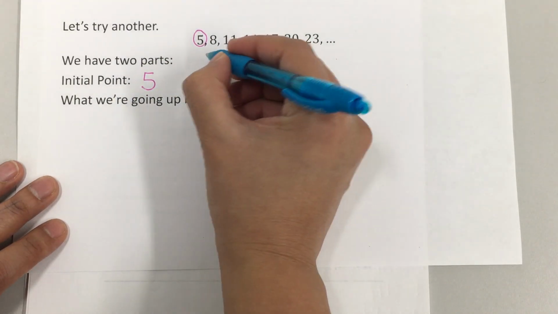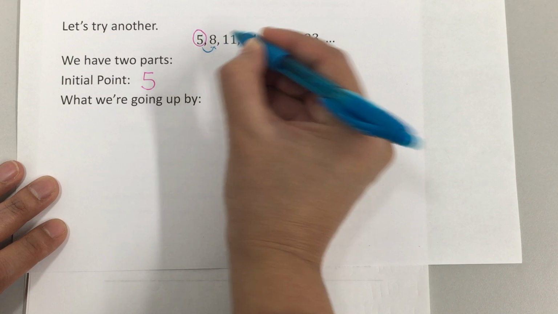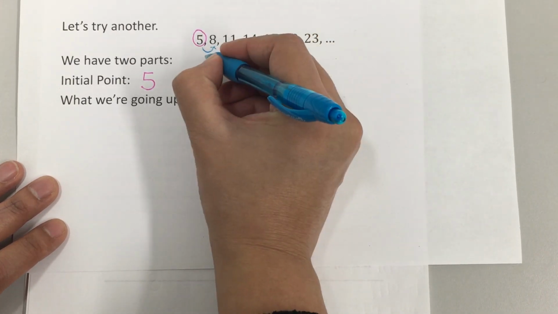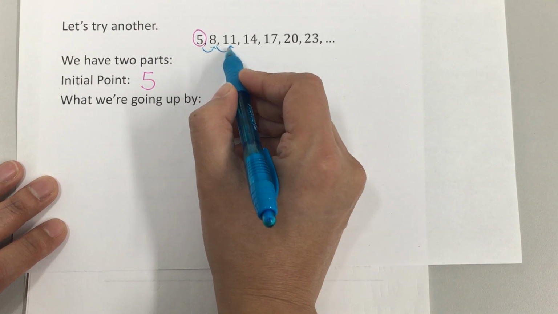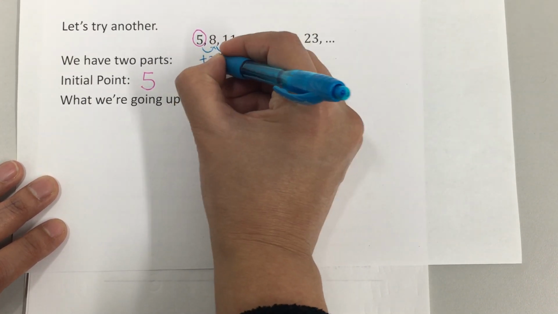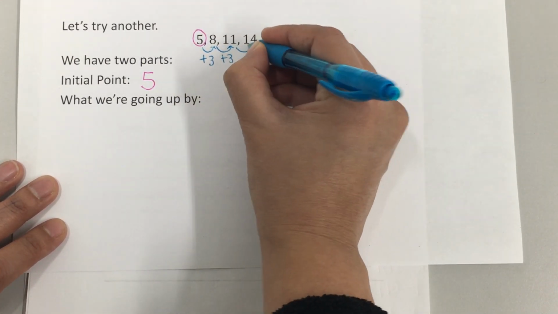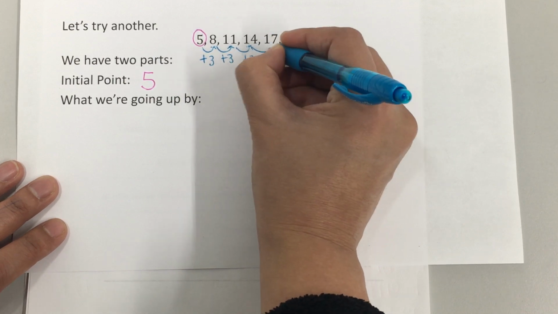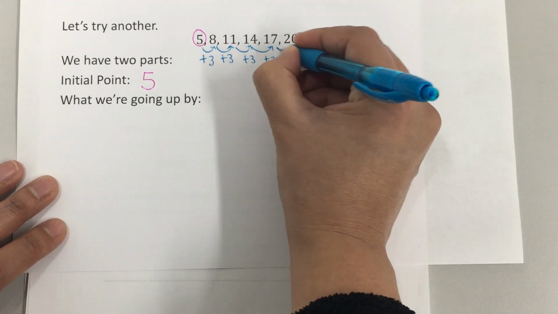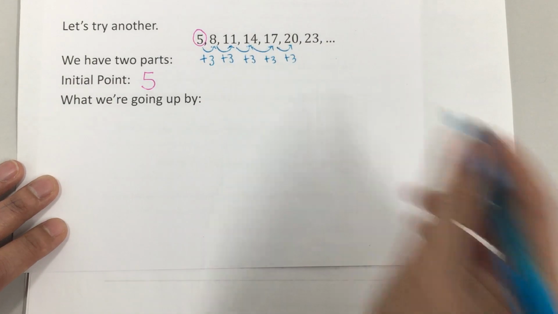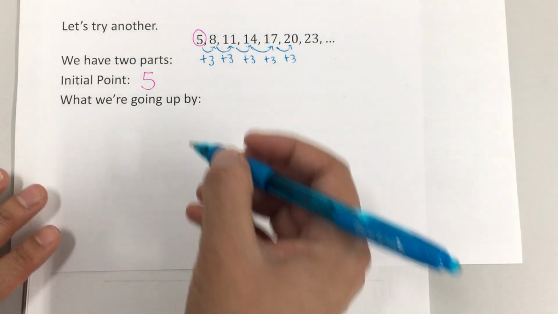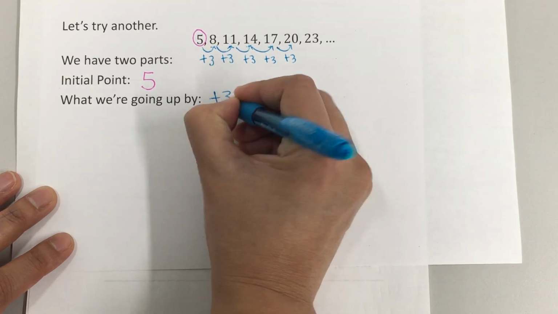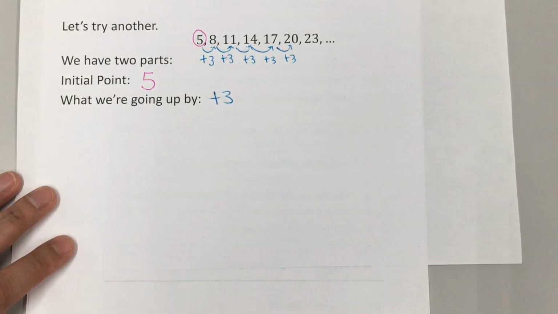And what are we going up by? It looks like we're adding 3, but we have to check to make sure that's what's happening. Yep, we're adding 3, so plus 3, plus 3, plus 3, etc. That's my pattern. So we can say that we're going up by 3.